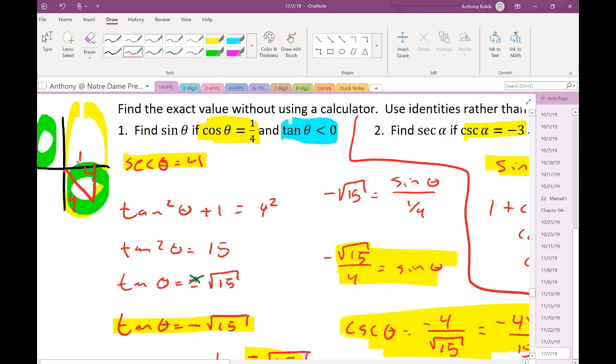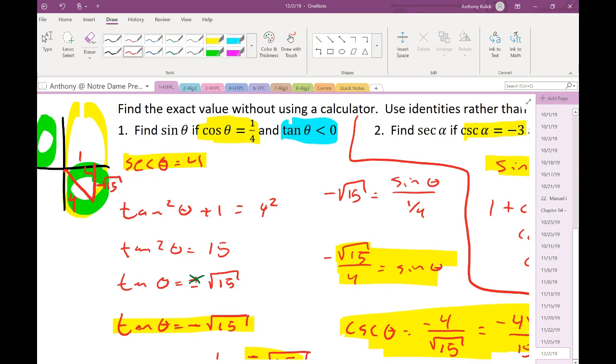I can then use the Pythagorean theorem to find this third side. And because it's pointing down, I know that has to be negative because it's in the fourth quadrant. And then I just evaluate using my right triangle definitions of sine, cosine, tangent, cotangent, secant, whatever. That's finding the exact value of the trig functions from given information.